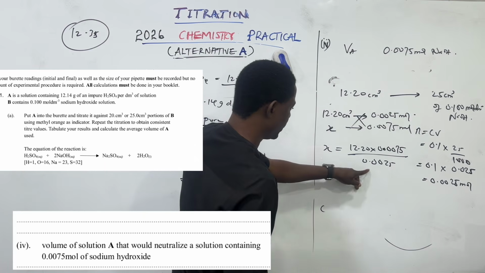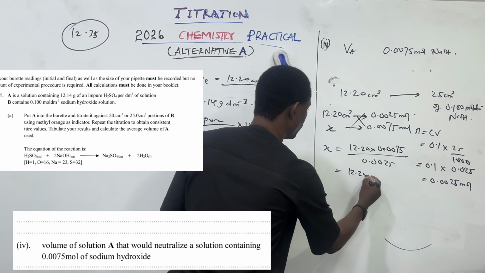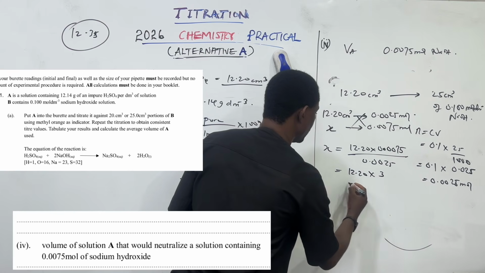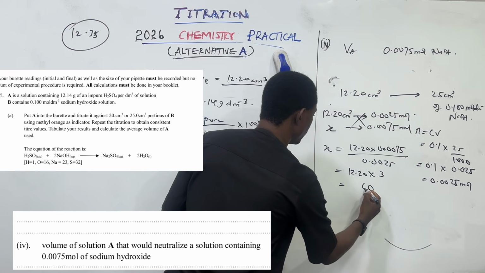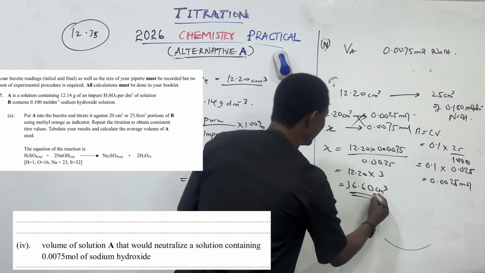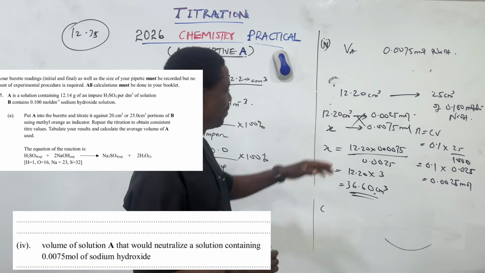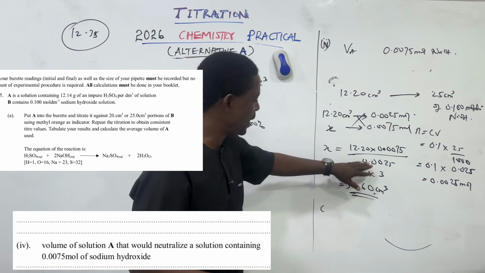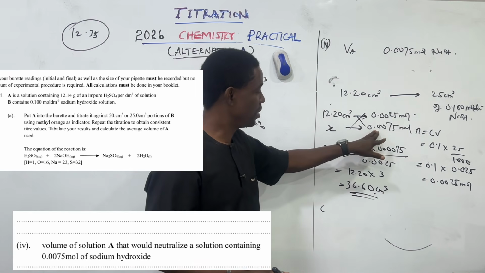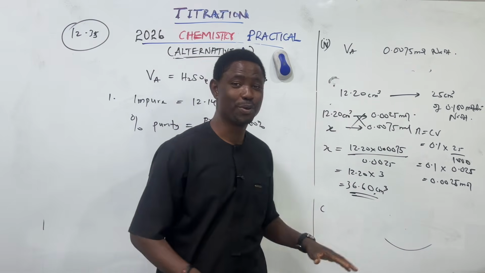When you look at that, this is just like 3 times. So we get 12.20 times 3, which is 36.60 cm³. So we will need 36.60 cm³ of this acid to neutralize a solution that contains 0.0075 mole of the base, and that is going to be your answer.